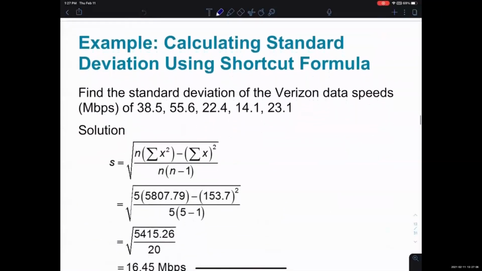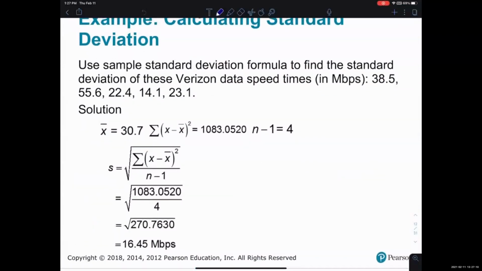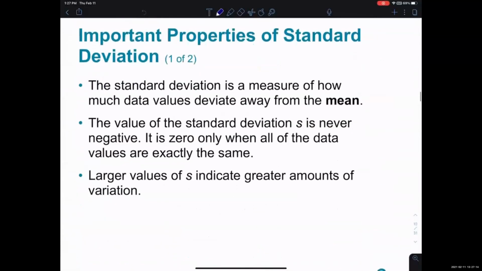I had a question on, I think it was like 2 slides back when you're talking about standard deviation, how it can never be negative unless the values are exactly the same. Yes. So what would be an example of it being negative actually? No, it can't be. Oh, it says it's never negative. So I can't give you an example where it's negative. Only when the data values are exactly the same, right?